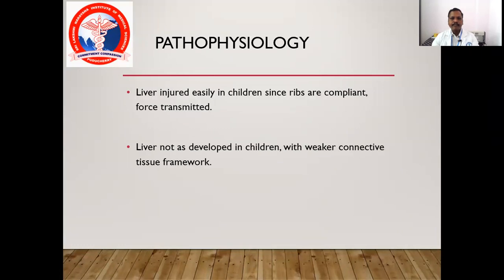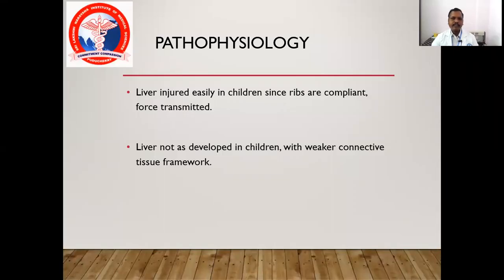The liver is also easily injured in children because the ribs are very compliant. So the force is transmitted across the ribs to the liver straight, and because the ribs will not break, they just comply.